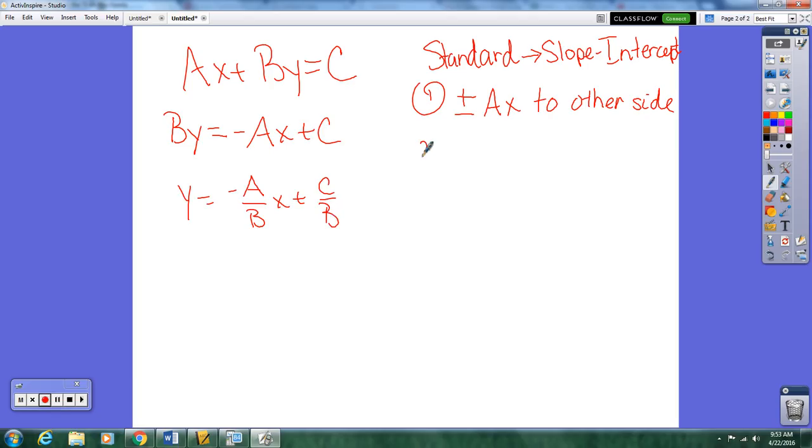And of course you have numbers in there. So you divide everything by b, whatever that number is. And some of you still yesterday were not remembering that if b is negative, you still have to divide by the negative. It makes a huge difference because it changes the whole grade of the slope, whether it's positive or negative.